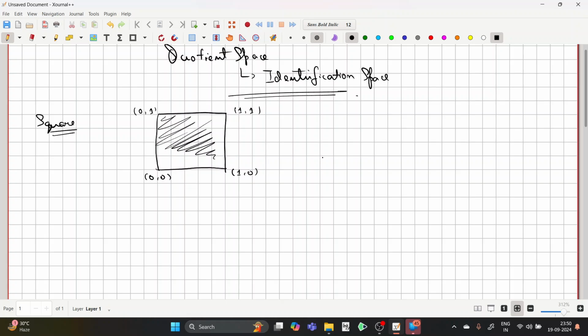Okay, so I start with this figure, and what I'm trying to do is that I want to glue up these two vertical edges along the same orientation.